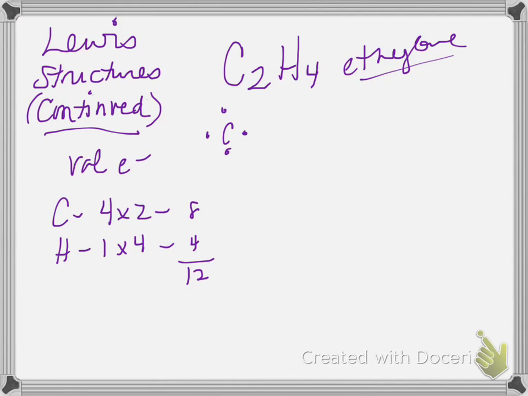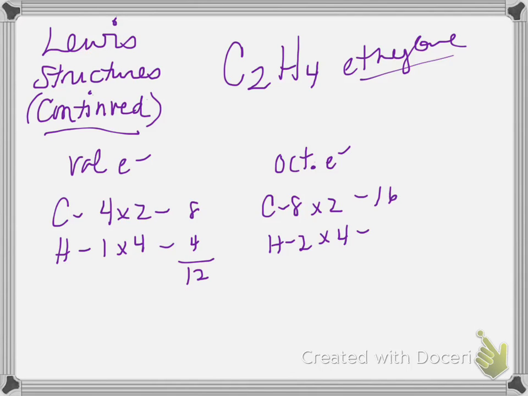Now, if everybody was satisfied with their lot in life, if everybody had a full octet or their version of an octet, each of those carbons would have 8. There are 2 of them. Each of those hydrogens dream of having 2. Though, remember, hydrogen doesn't dream. So that's 16 and 8. That would be 24 electrons if everyone was fully satisfied.